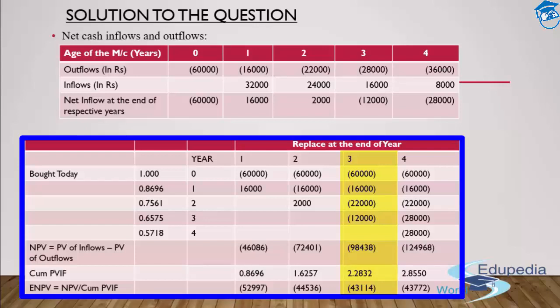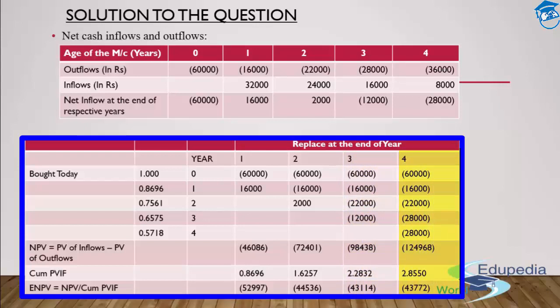Plus, I'll add the net inflow received at the end of year 3, which is negative 12,000 rupees, as a negative term. Coming to the fourth year, the last year, what will be included in my overall costing?